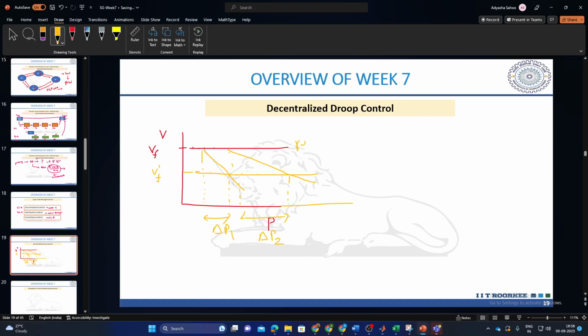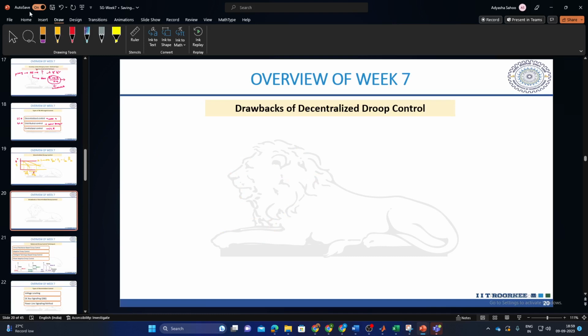So this reference here is constant. So this VF, you can say for the nth distributed resource or converter or inverter, is VF minus IFN times the resistance RFN. Right. But then we have certain drawbacks here for this.